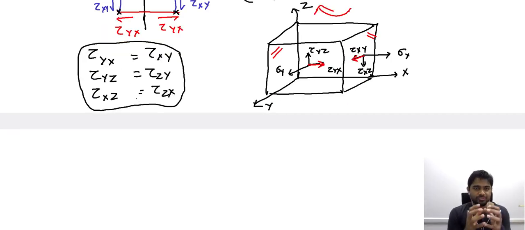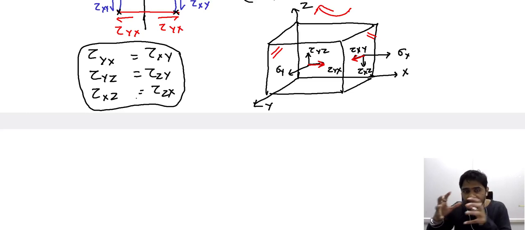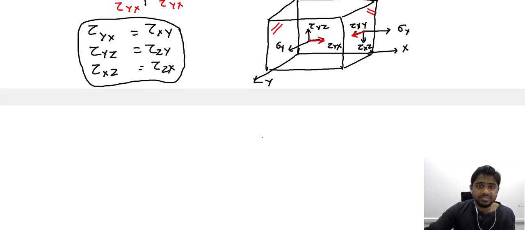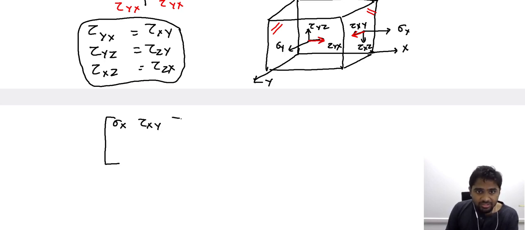Now this relation or this equality between the couple of shear stresses can be related to the components of stresses that are required for us to describe the generalized triaxial loading condition. So when we consider the generalized triaxial loading condition, the components of stresses that are required to describe it can be expressed in the form of a matrix wherein we have the normal stress associated with the x-axis, the shear stress acting along the x-axis in the y direction, the shear stress acting along the x-axis in the z direction.